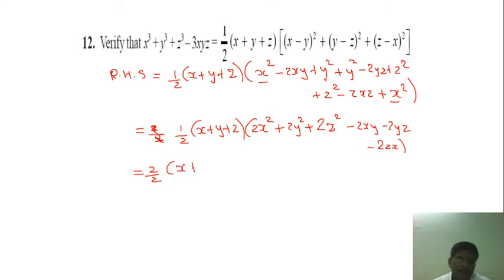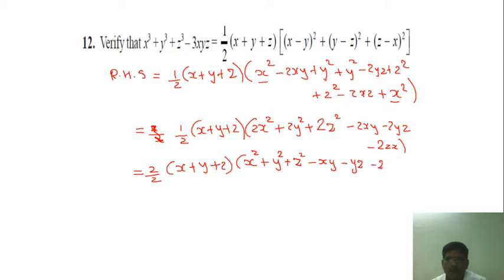So in the bracket, now x square plus y square plus z square minus xy minus yz minus zx. So these two are cut.